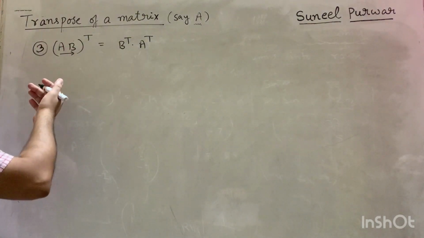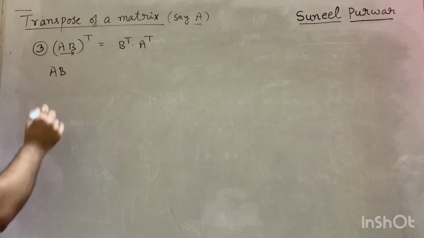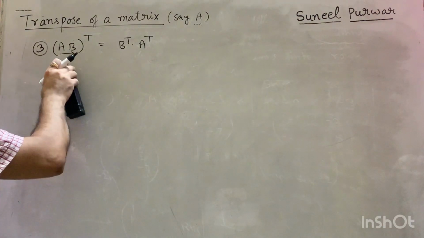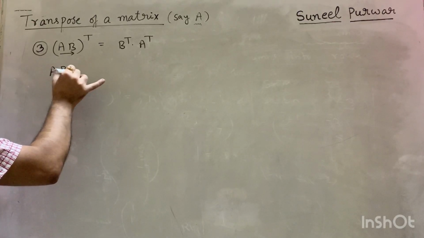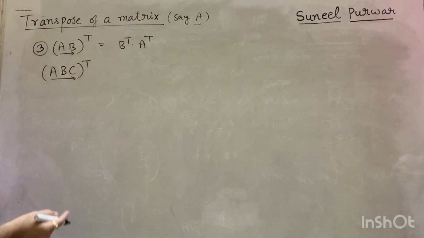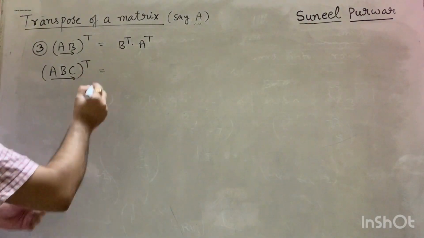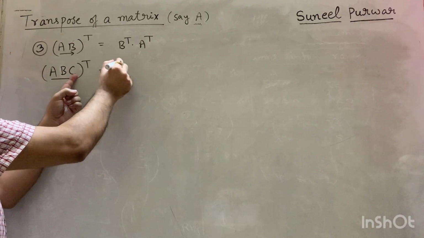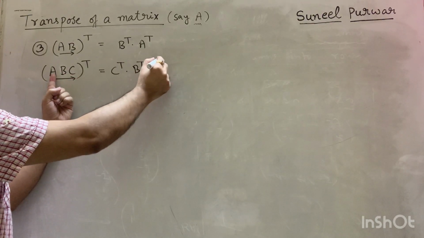This property continues for more than two matrices as well, provided they are suitable for what? Product ABC, transpose of ABC. What is the initial order? ABC. Then you have to reverse the order, as C transpose into B transpose into A transpose.